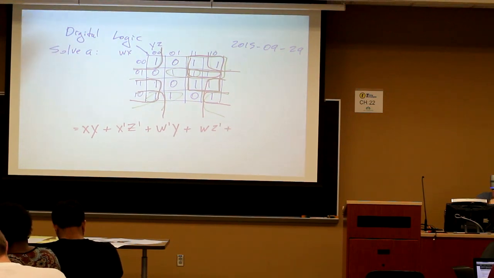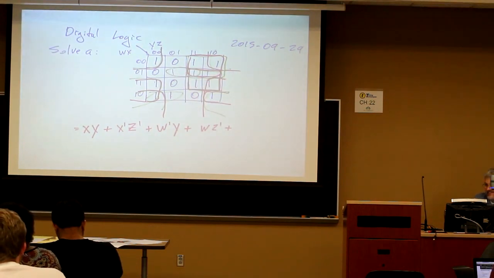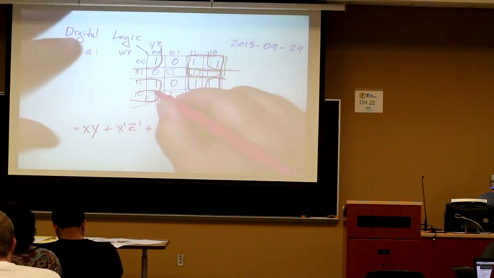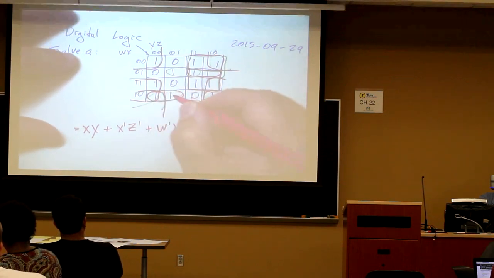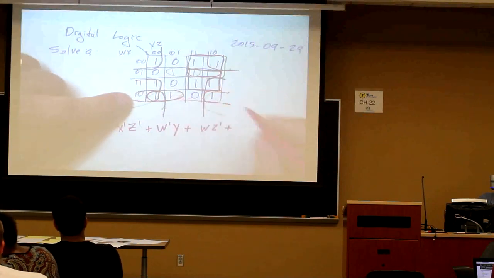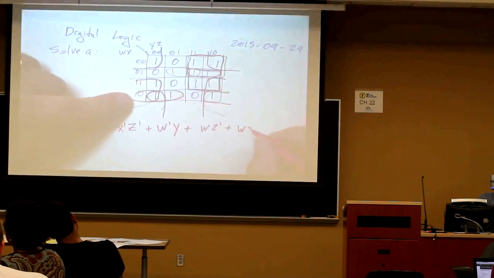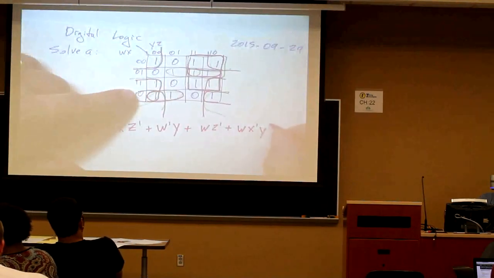Now we have 2 lonely 1s left, and so to get them included, you're just going to have to circle 2. So in this case, it turns out to be W x prime, and then in this column it's going to be Y prime.